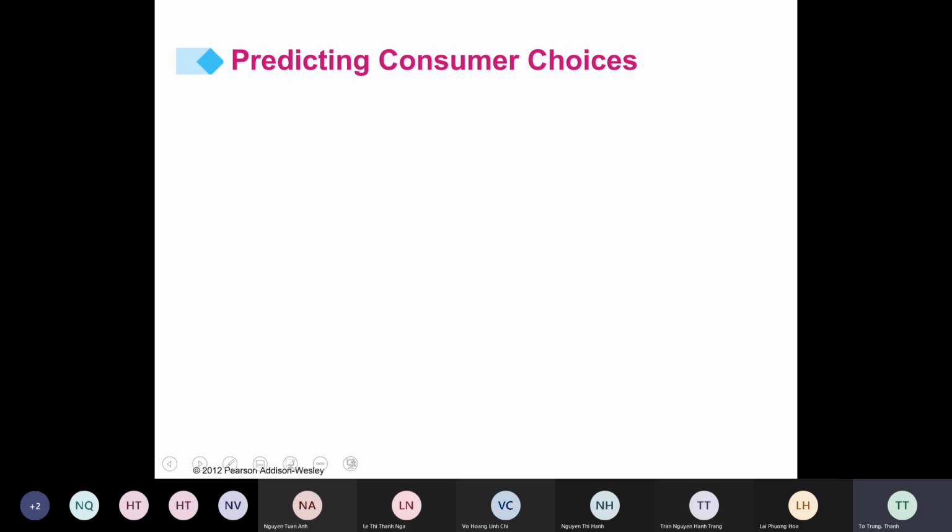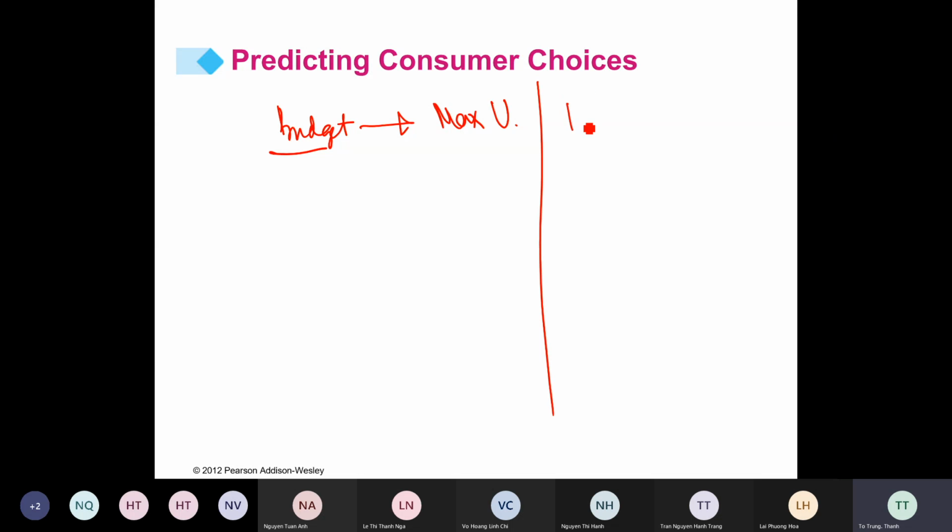So what should be the optimal consumer choice, and how do we illustrate it in the figure? So I can write down here that given a budget, you want to maximize utility, or at the same time, if you want to get a certain level of satisfaction, you will buy at a minimum budget. The same meaning, right?